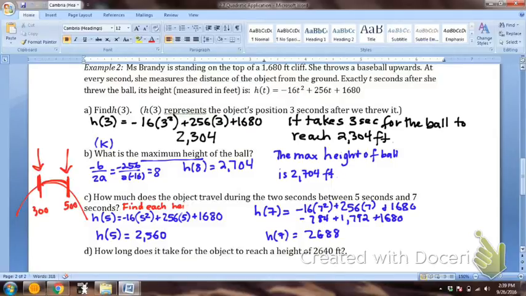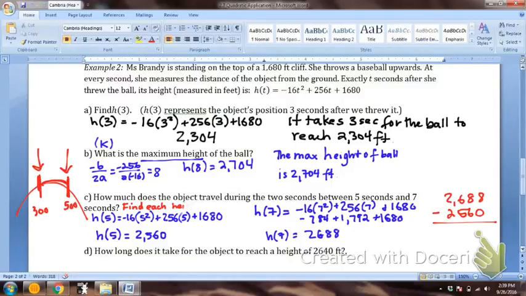Okay, so how much does the ball travel between these two things? What do I need to do here, Crystal? Subtract them. Good, I'm going to subtract them. Okay, so that's the next step, to subtract 2,688 minus 2,560. Patrick, what do you get when you do that? 128.